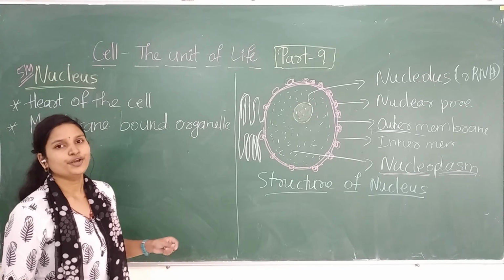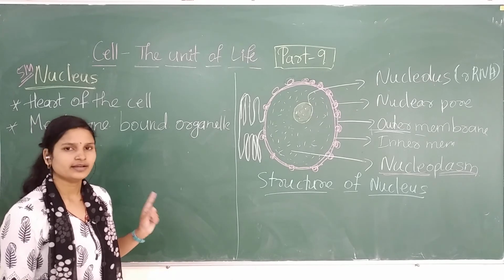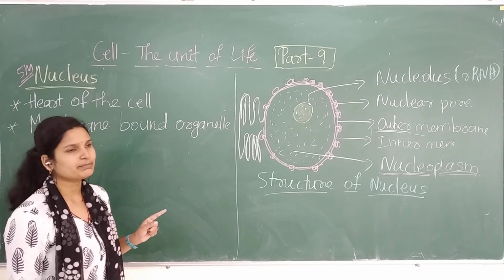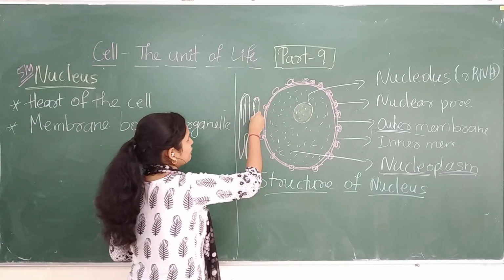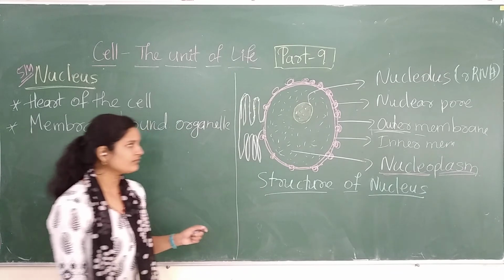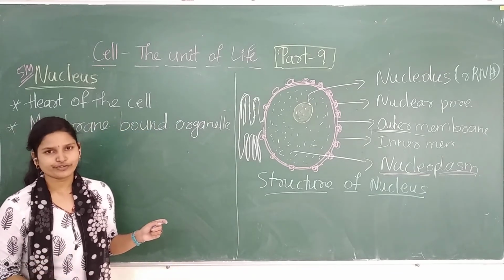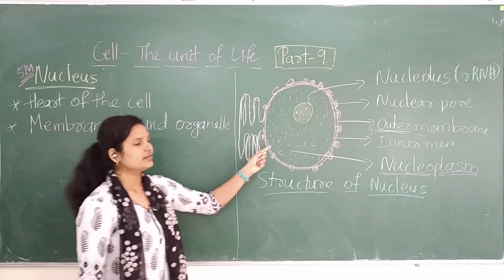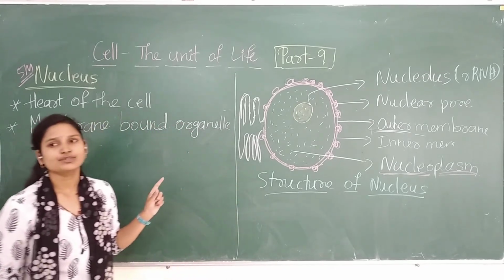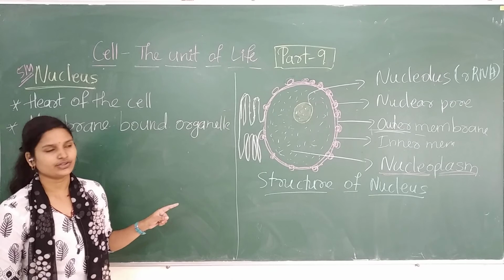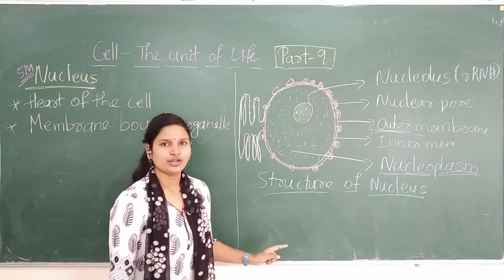That is nothing but your endoplasmic reticulum. After ribosomes are formed and studded here, we call it rough endoplasmic reticulum. If the ribosomes are not present, then we call it smooth endoplasmic reticulum. That is all about your nucleus.